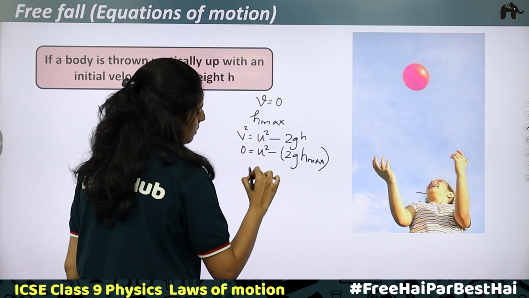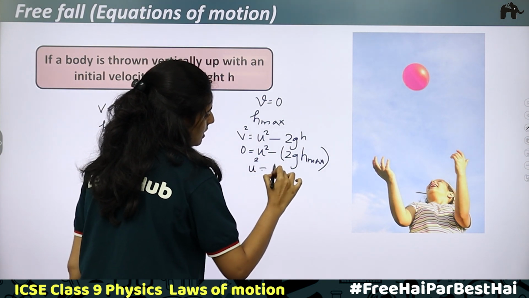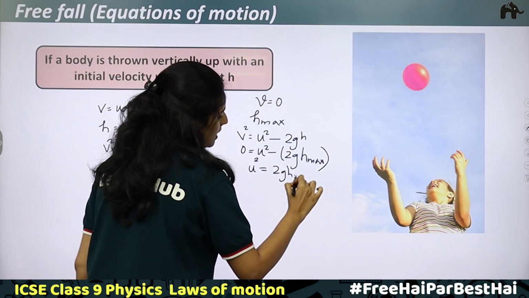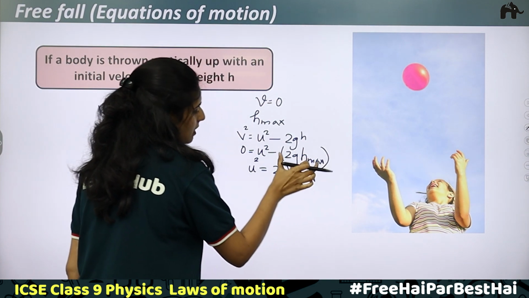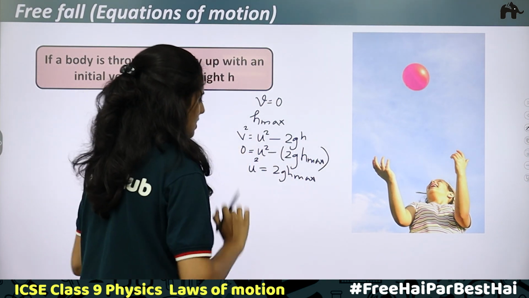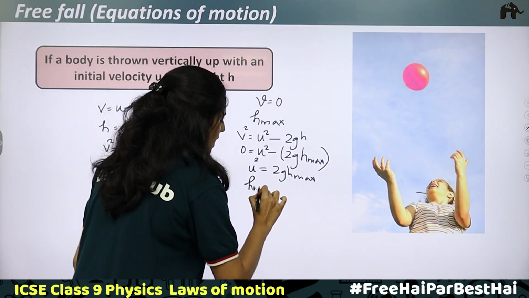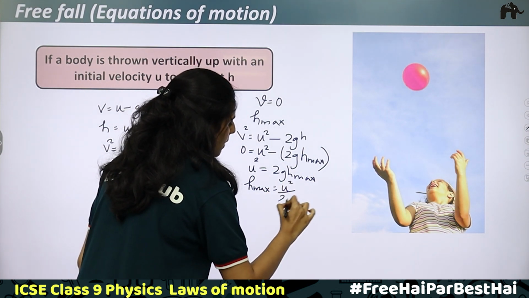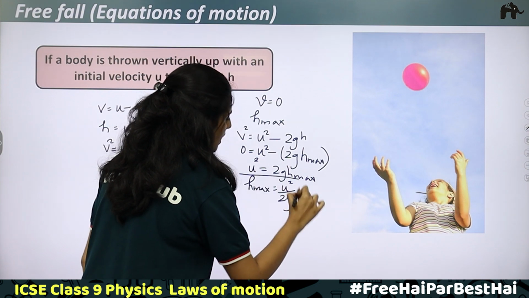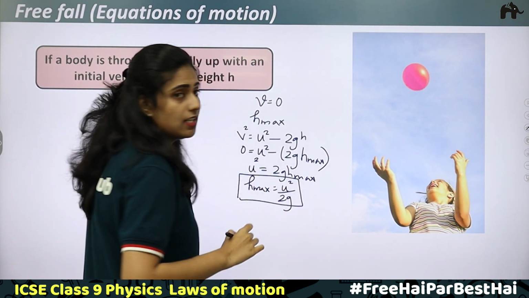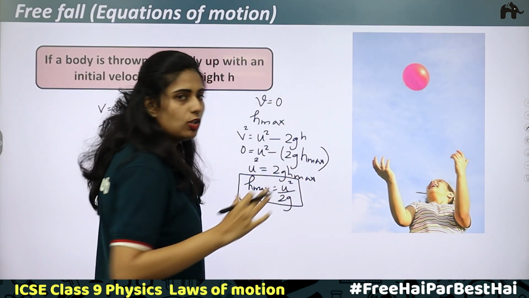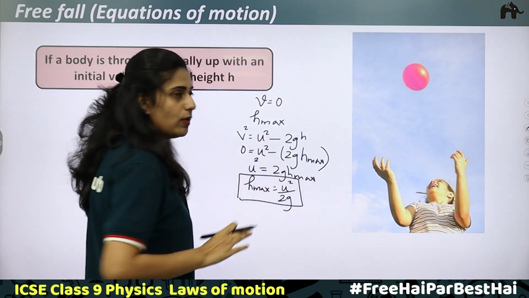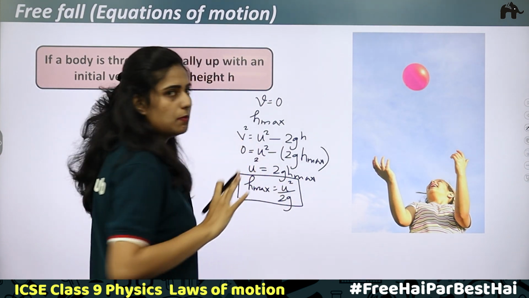This will be equal to u square is equal to 2g h max. The negative sign becomes positive and taken to the opposite side. Then what is h max? H max will be equal to u square divided by 2g. If you know the initial velocity and we know the g value, which is 9.8 meter per second square, we can calculate the maximum height.